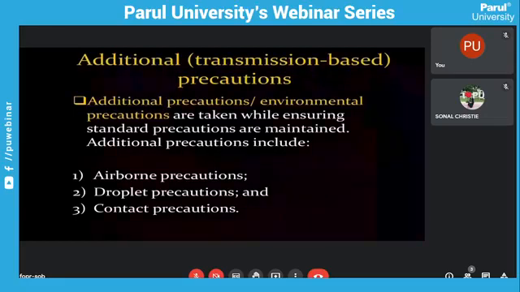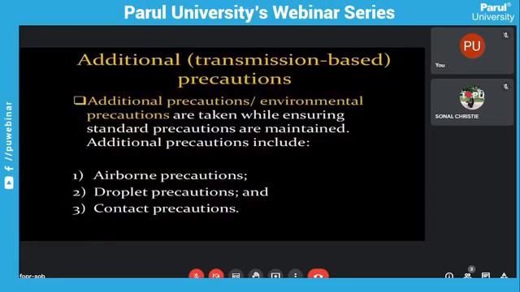Additional precautions include airborne precautions, droplet precautions, and contact precautions. Let's see which are additional precautions. First is airborne precaution. In that, airborne droplets or dust particles containing infectious agent can remain in the air for a long period of time.